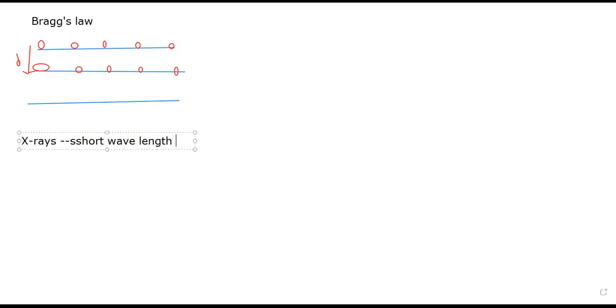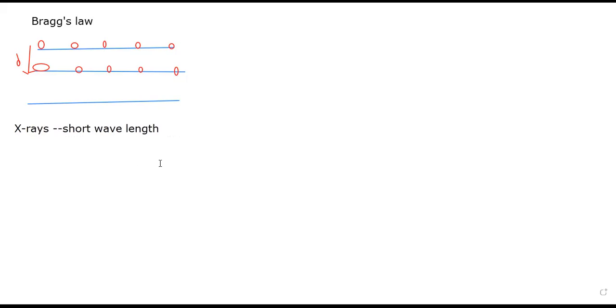This is the reason why Bragg used X-rays to identify the crystal structure. Instead of ordinary light, X-rays are powerful radiation with very short wavelength.